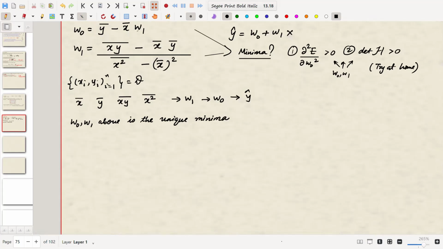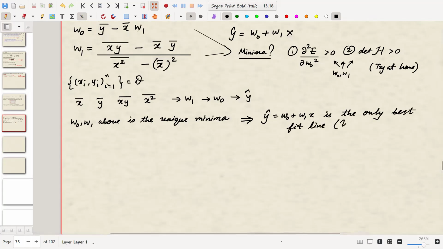It means that y cap equals W0 plus W1x is the only best fit line, the unique one. If you have found W0 and W1 using this algorithm, there is no other W0 and W1 that can minimize the loss function based on your data set xi, yi. No other W0, W1 will be able to minimize it.